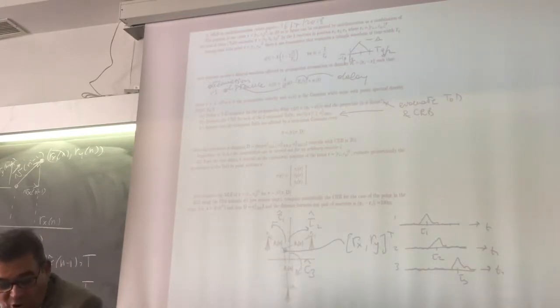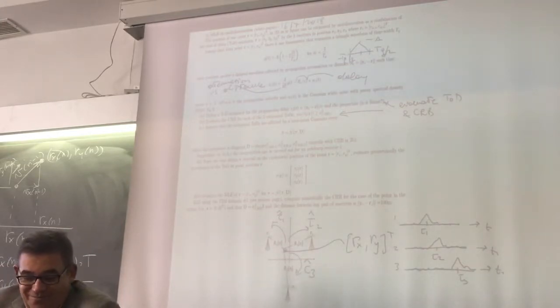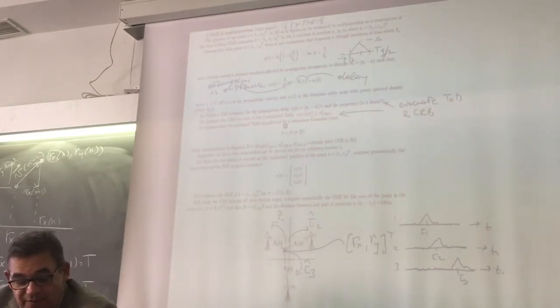Assume, as I'm suggesting, that the estimated time of delay are affected by zero mean Gaussian error. So the estimated time of delay is the true time of delay plus an error with covariance D, where the covariance is diagonal.